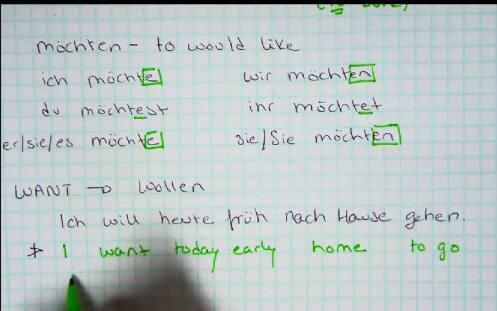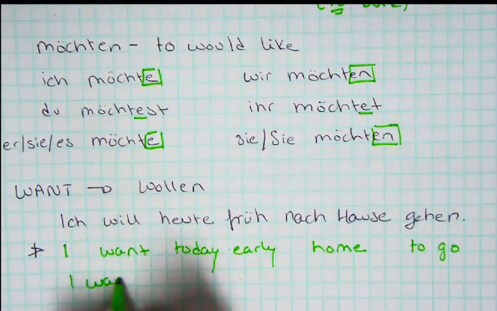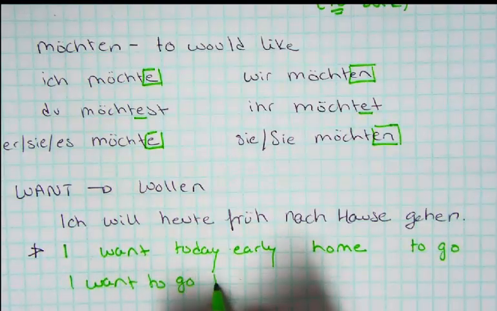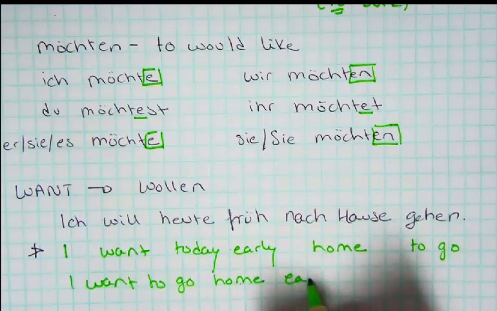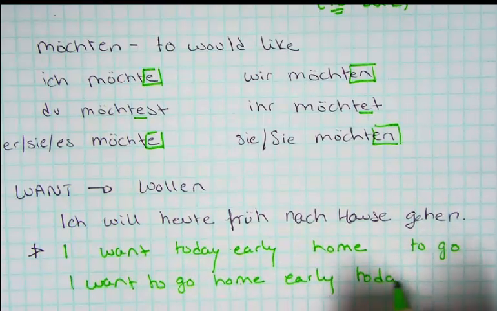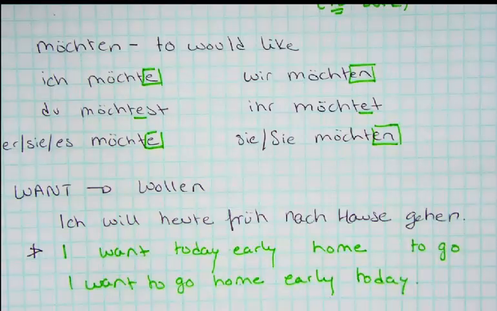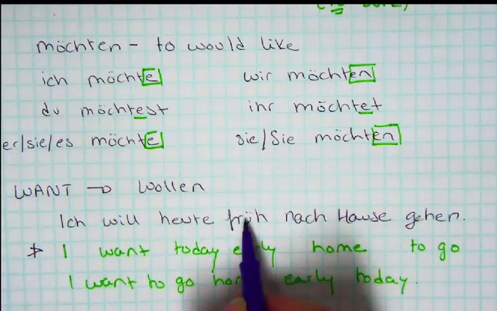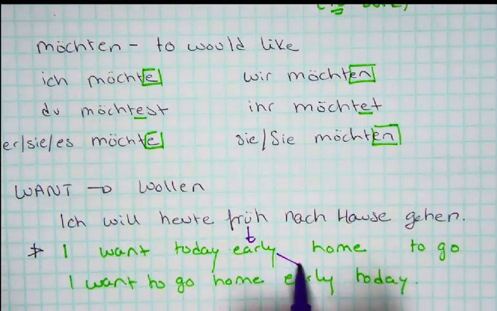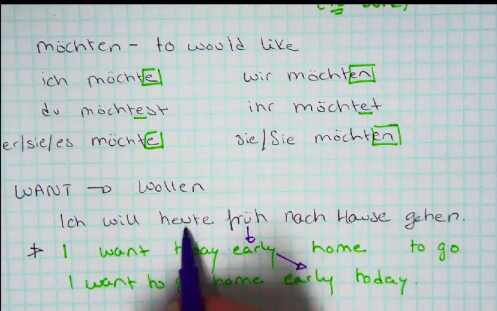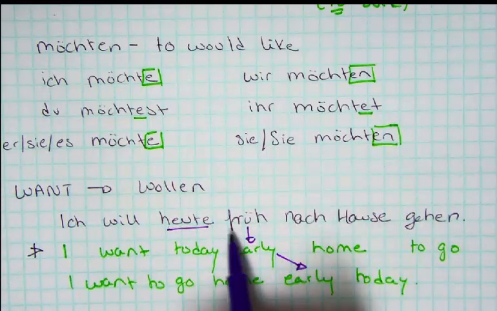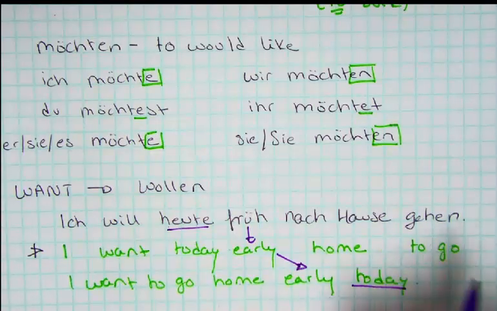I'm going to rewrite it the way I just said it. So I want to go home early today. So here's your early, and your today. They, of course, switch places.